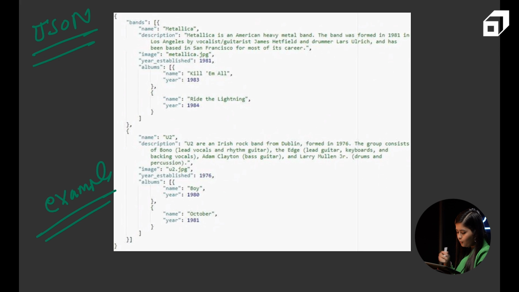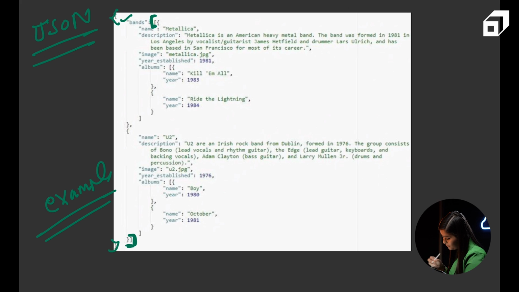So let me explain it to you right now. I know that it might be a bit difficult to understand, but I will make it all super simple for you, don't worry. These curly braces are called objects, okay? And inside this we have a bands array. You can see the starting point of the bands array is here, and it is closing here, right?